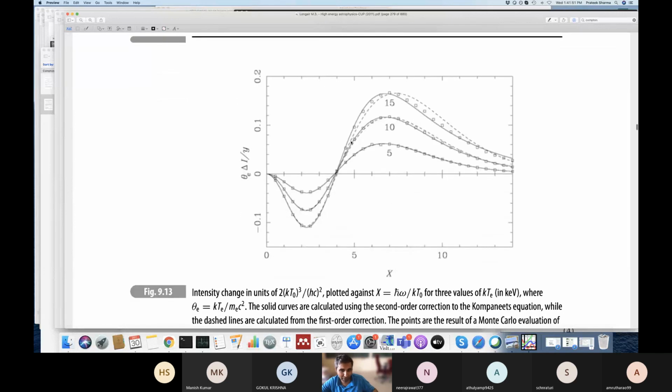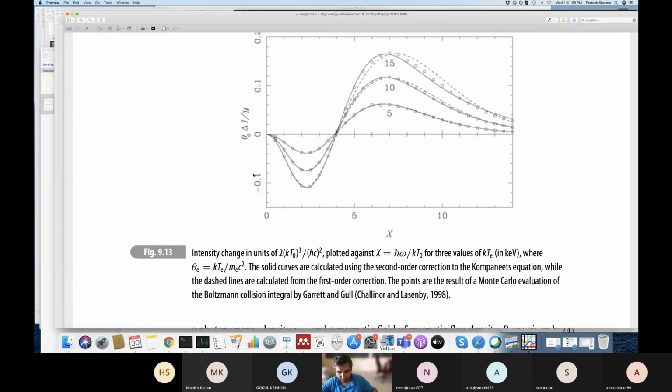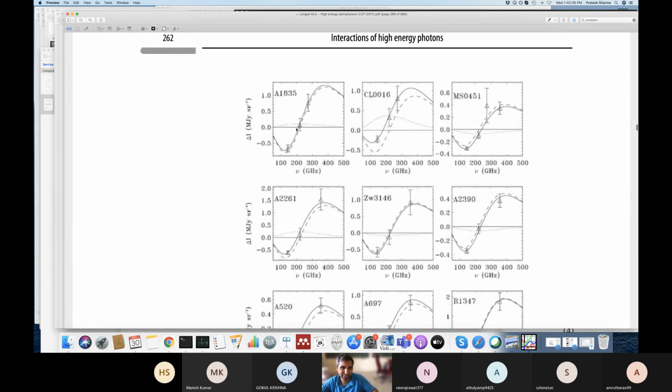So here is an example of measured distortion of the CMB from some galaxy cluster. No, this is not a Monte Carlo simulation, these are actually observations from galaxy clusters. You see at low frequencies you have a suppression of flux, and at high frequency you have an excess of flux.